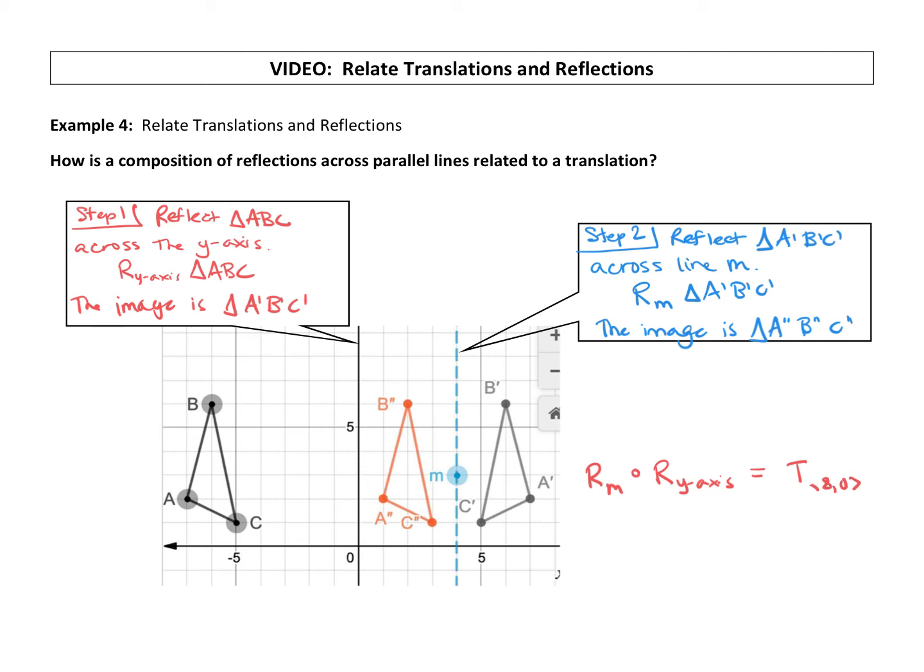When we write these reflection rules, we do want to say what we are reflecting. So we reflected triangle ABC. That's the same thing as a translation, where we move the image 8 units to the right, 0 units up of the original triangle ABC.